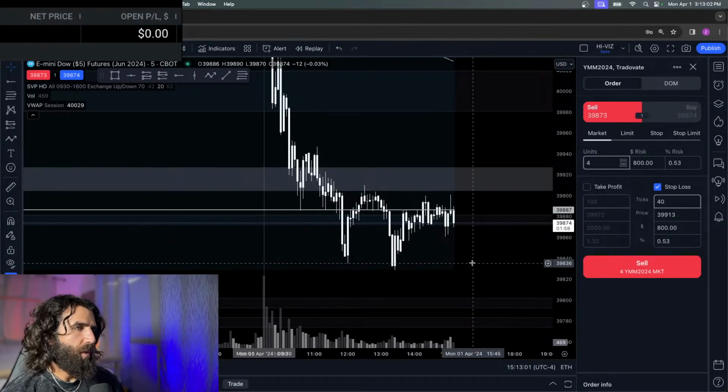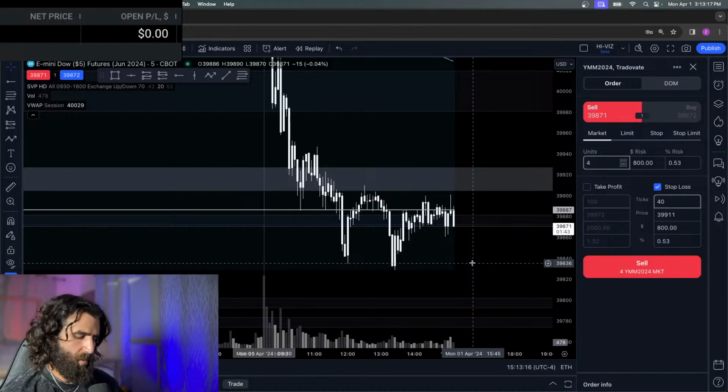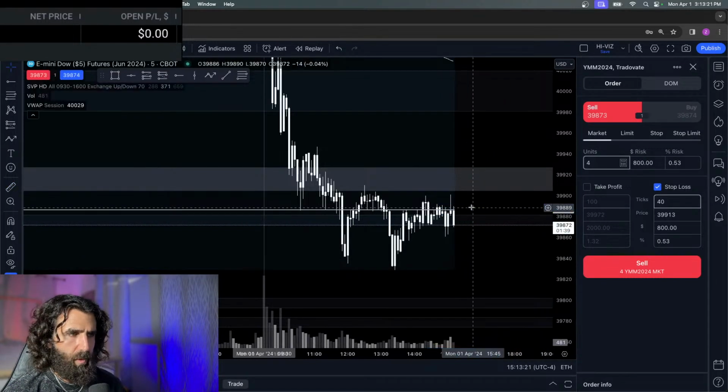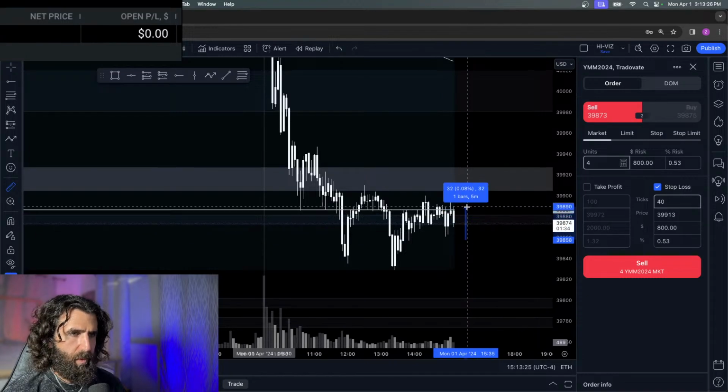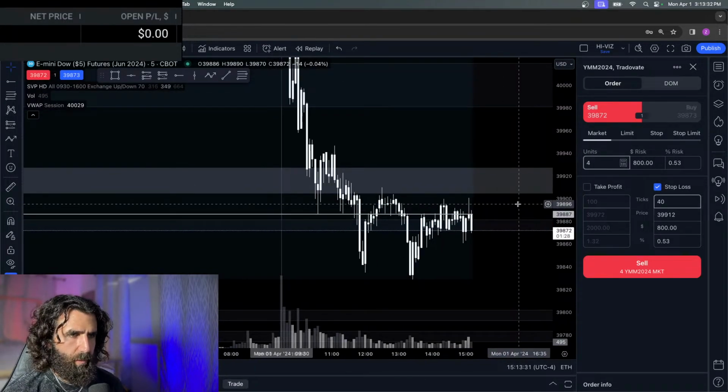Slow movement, 315, 313. Opportunity is going to be coming up soon if it comes at all. Making a case to the downside, but we'll take it either way. Follow our game plan. If it comes down here and I jump in, somewhere around a 30, 35 point stop loss will be somewhat appropriate.